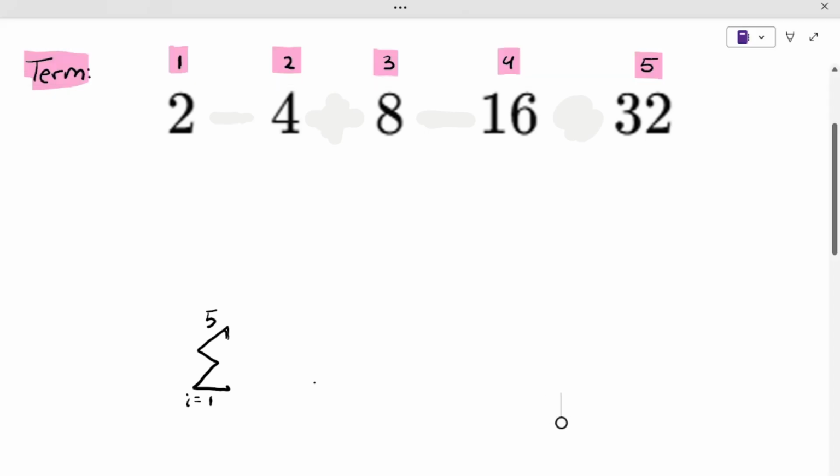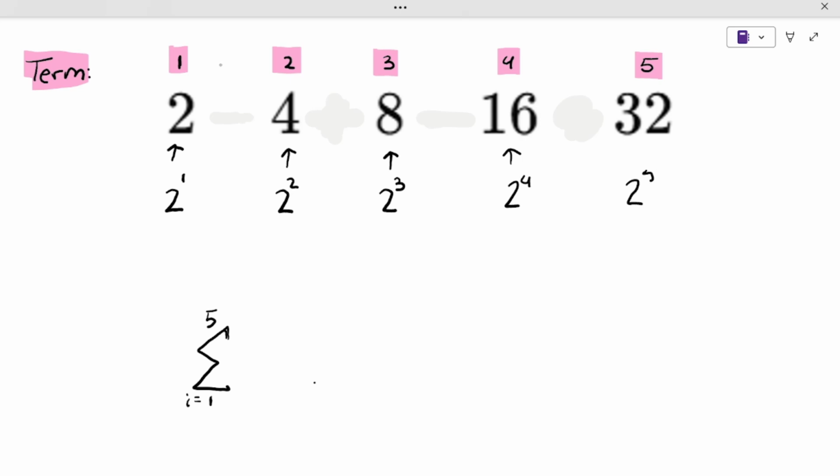I'm seeing that if I have base 2 and I raise that 2 to the power of 1, I get 2. If I keep the same base and I raise it to the power of 2, I get 4. 2 to the power of 3, I get 8. 2 to the power of 4, I get 16. And 2 to the power of 5, I get 32, right?